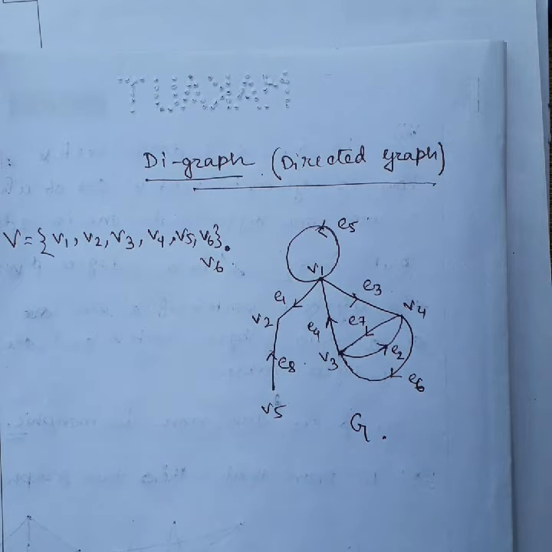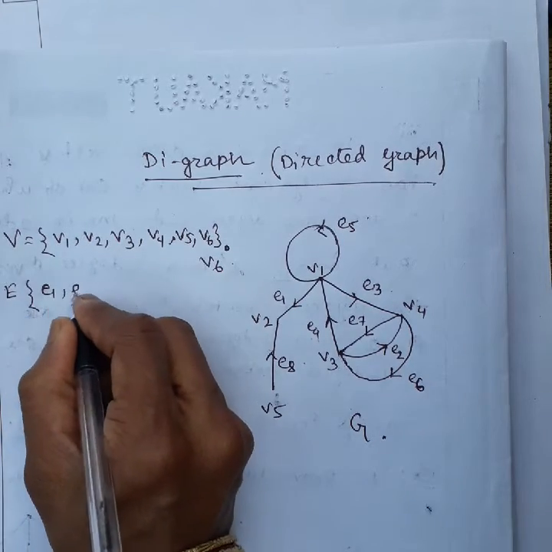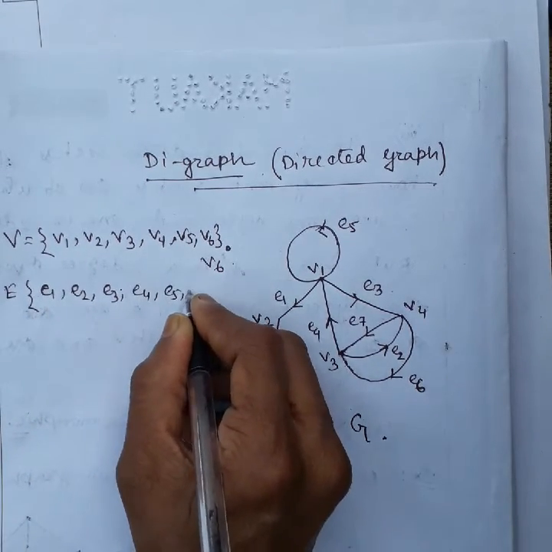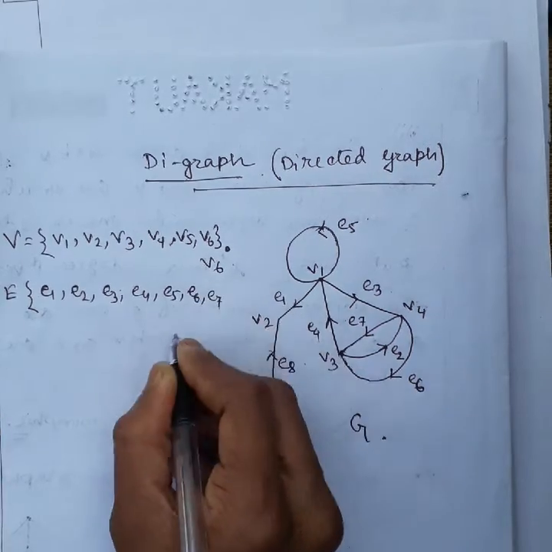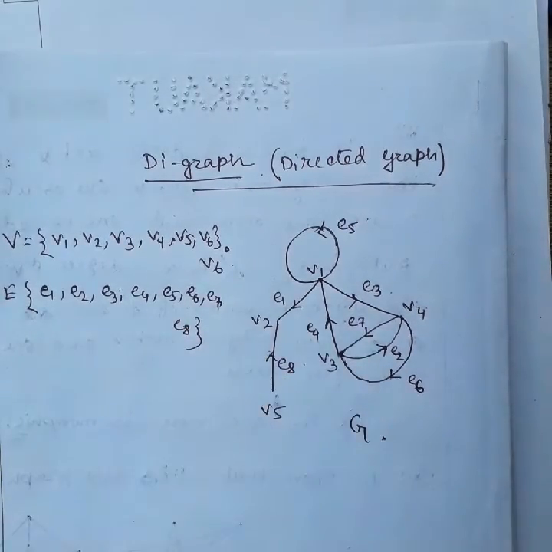There are 6 vertices, and the edge set E is E1, E2, E3, E4, E5, E6, E7 and E8.